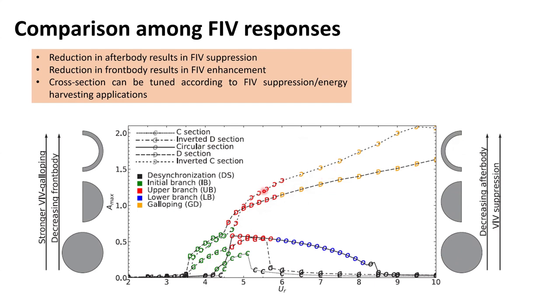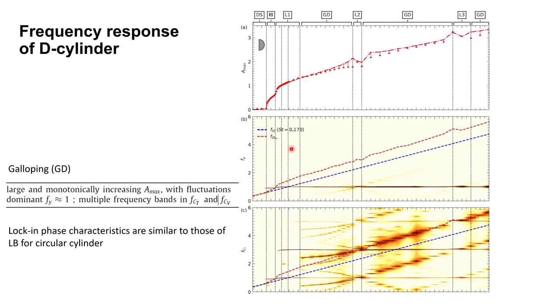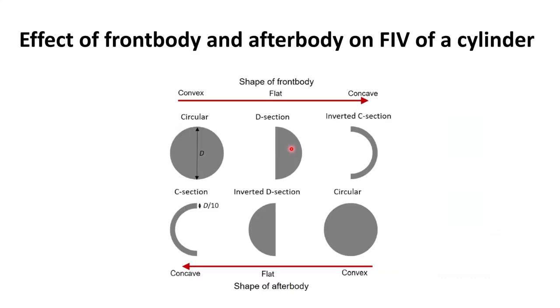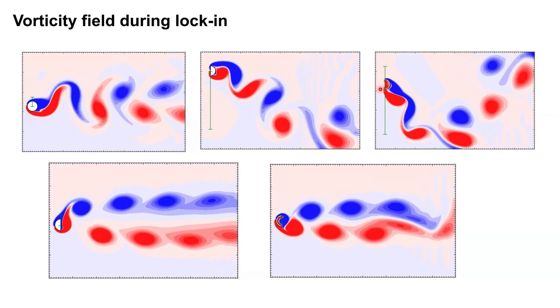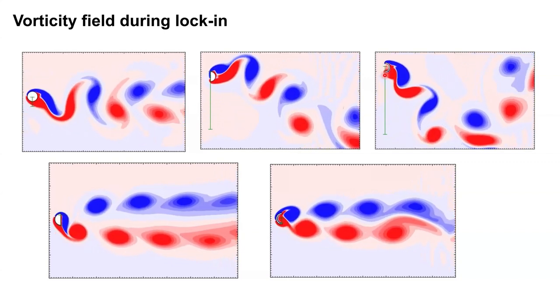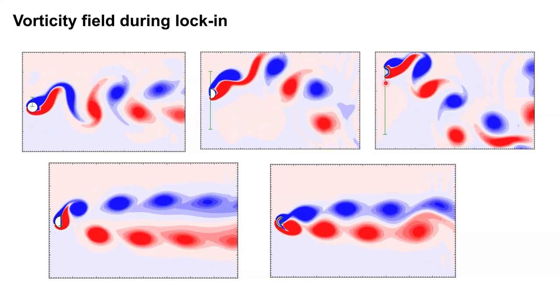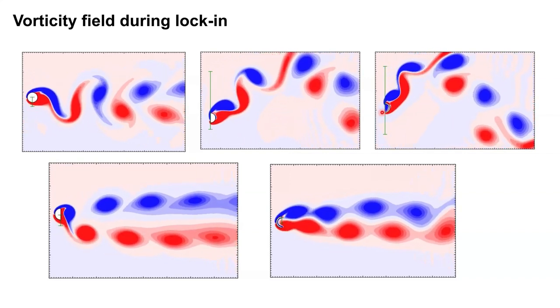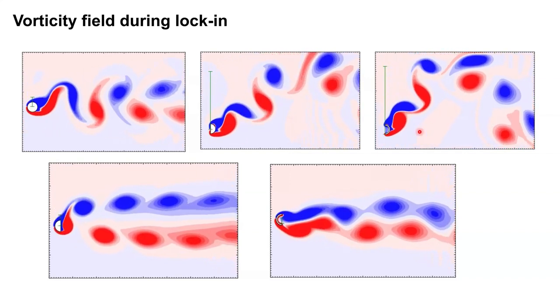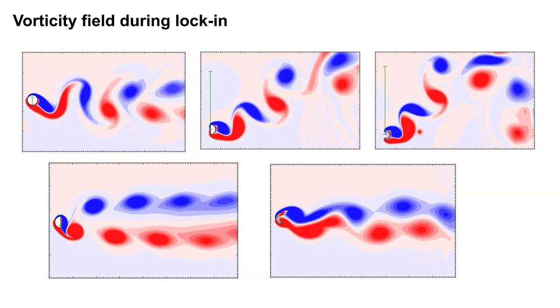You can see that the C section is even galloping for very large values of amplitude. The fluid mechanics is also very interesting. If I go back to show you the fluid mechanics of the inverted C, there is fluid mechanics in the cavity of the C which impacts its motion. You can see how this cavity is getting filled and then drained, and it is impacting its amplitude.